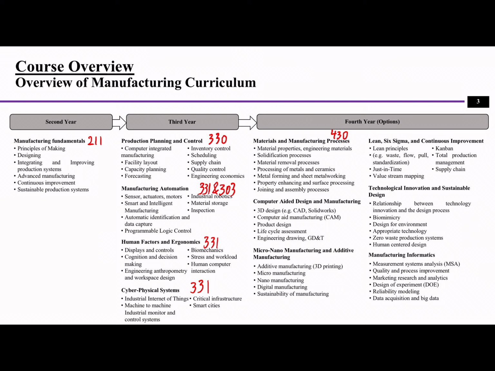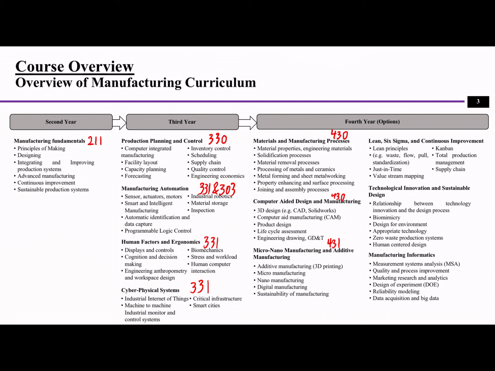In this course, I want to talk about different engineering materials and how they are used in different manufacturing applications, as well as different manufacturing processes. Also in 430, we'll have a lab related to computer-aided design and manufacturing. There you will learn 3D design, product design, engineering drawings, as well as GD&T, and also computer-aided manufacturing.